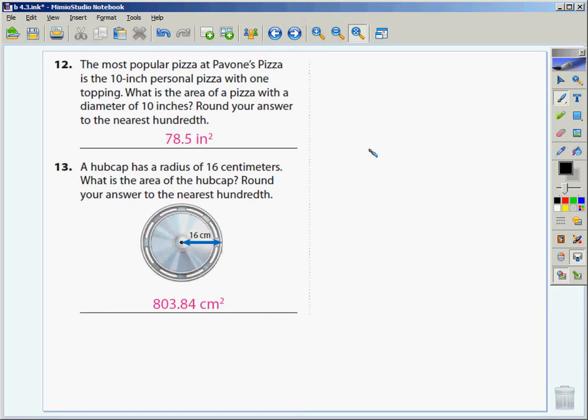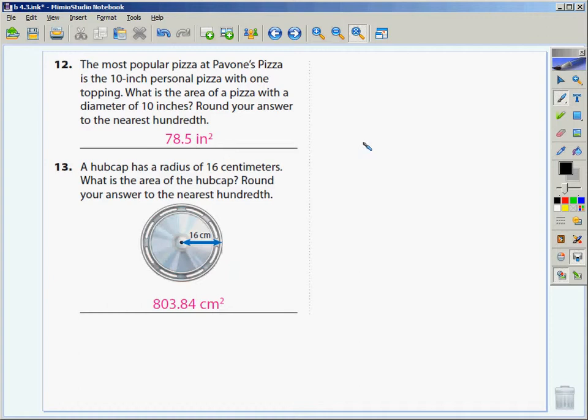There's 12 and 13. David, I actually don't mind if you're there, but if you're not looking at the answers, you have no reason to be laying on the floor.